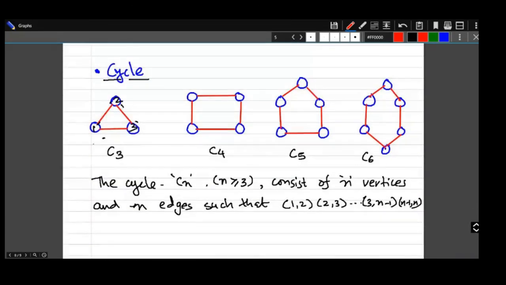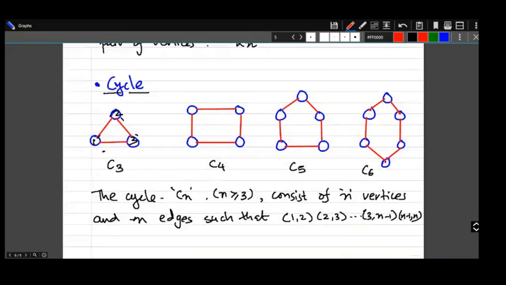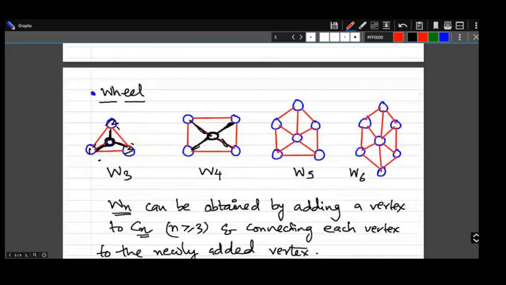Cycle, you have a loop, in a sense, 1 to 2, 2 to 3, 3 to 1. Add a central vertex to cycle and then connect it with all the other n vertices, then you have wheel. Okay, sounds good.